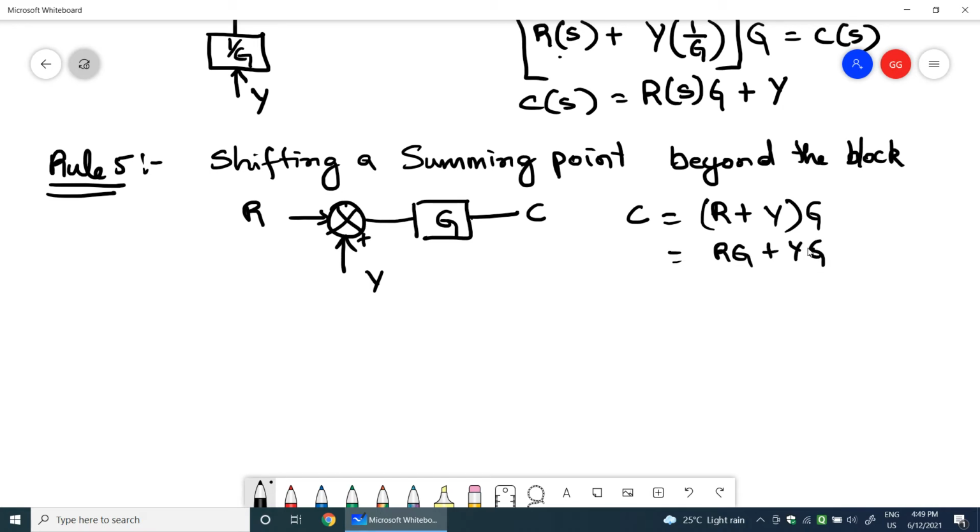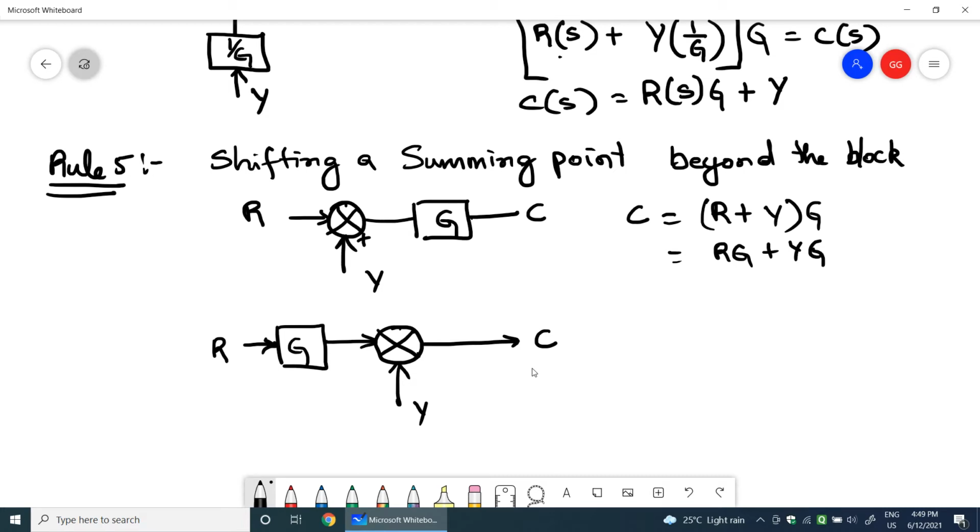Now I am going to shift the summing point after the block, or beyond the block. So I will have G here and R is given to G. Then I give this output to a summing point where Y is given here and C is taken from it. Now this is the diagram.